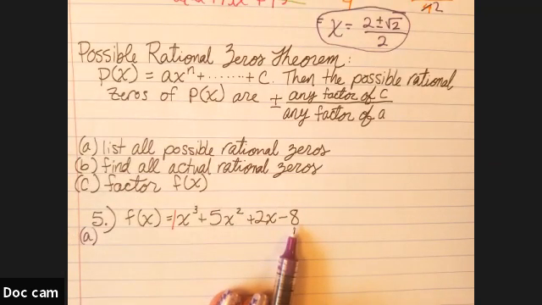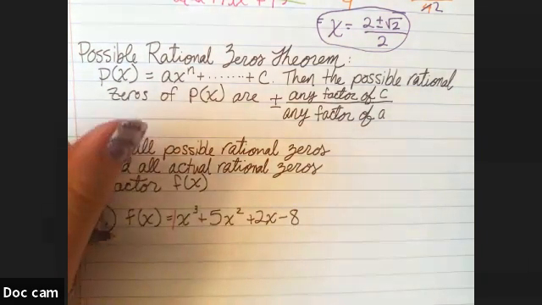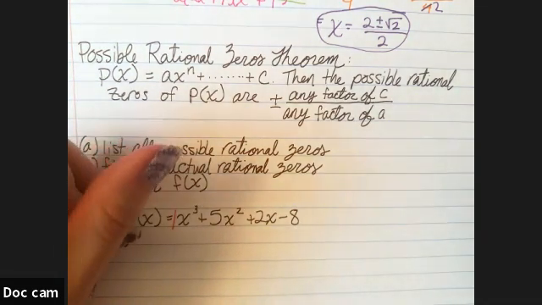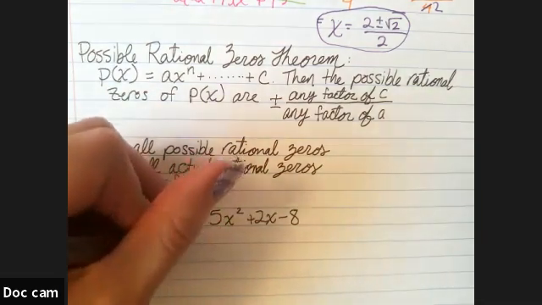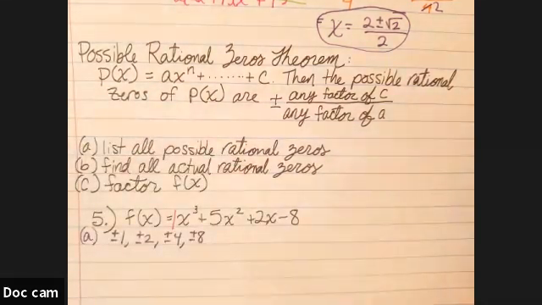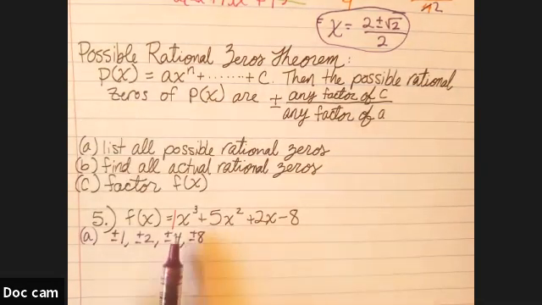So any number that goes into 8. So that'll be plus or minus 1, plus or minus 2, plus or minus 4, and plus or minus 8. Normally we would divide those by the factors of a, but that would just be dividing by 1, which wouldn't do anything in this case.